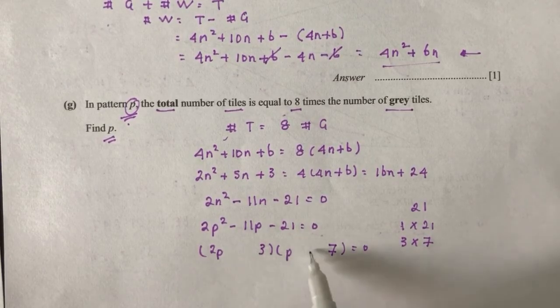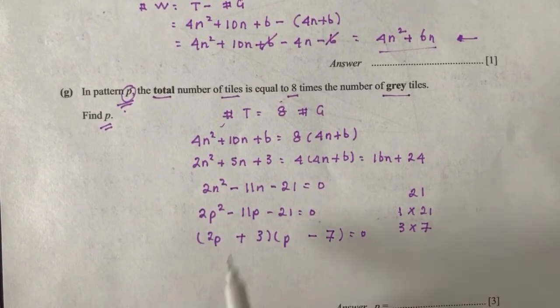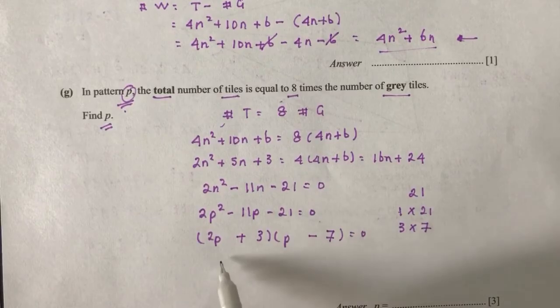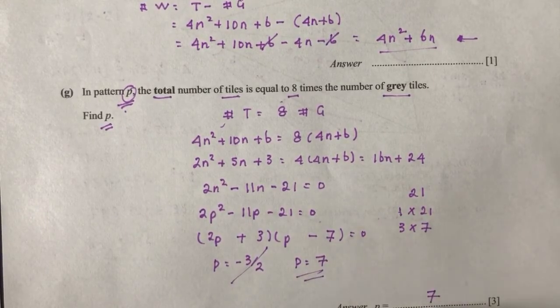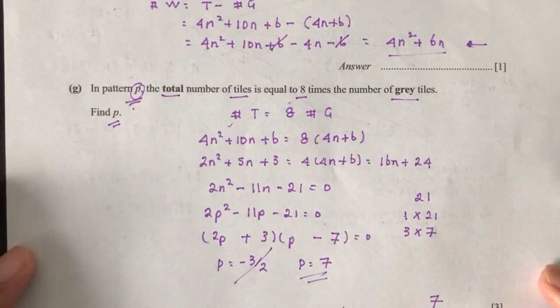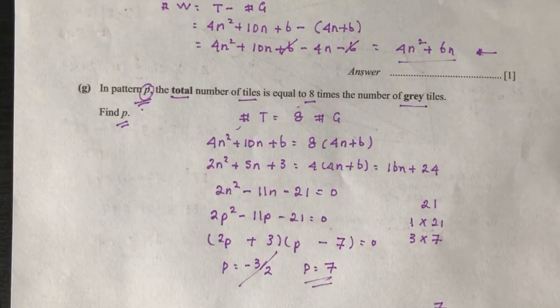So 2p times minus 7 will be minus 14p plus 3p, that will be minus 11p. So now we can solve: p equal to minus 3 over 2, or p equal to 7. p cannot be negative, so p can only be 7. That is your answer for part G, and that was question number 8.